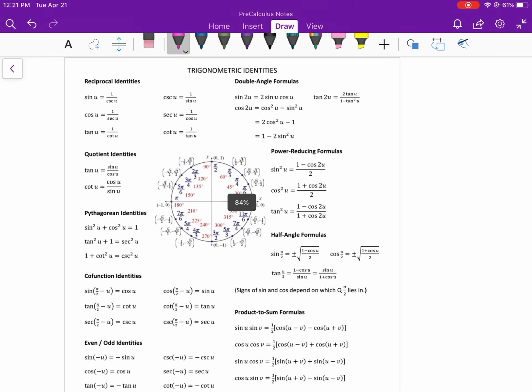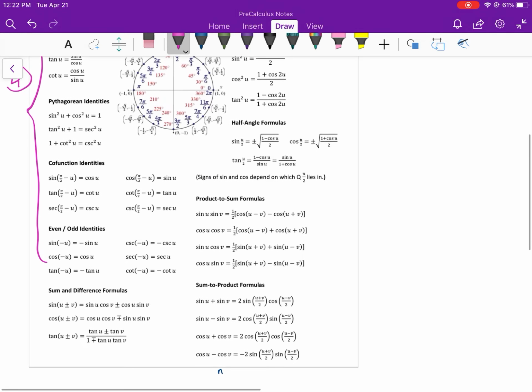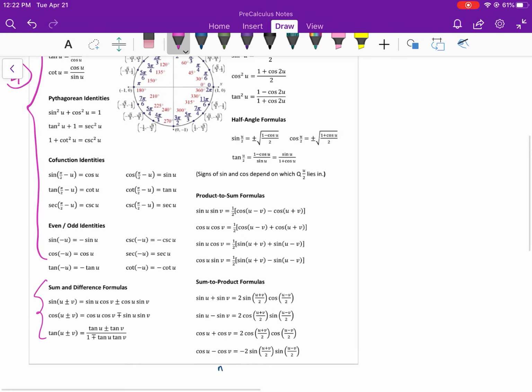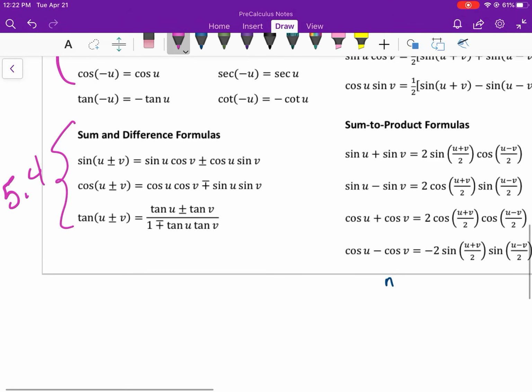With this identity sheet, we have already covered all of these identities in Chapter 4. This part right here, sum and difference, that's going to be lesson 5.4. Those are the formulas we've already covered today. What they've done is they chunk them together. So we had sine of A plus B on our notes.